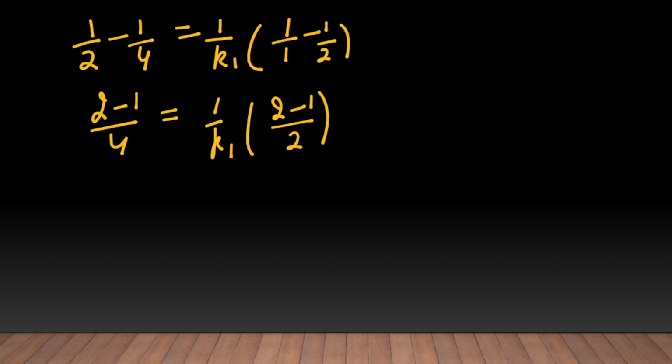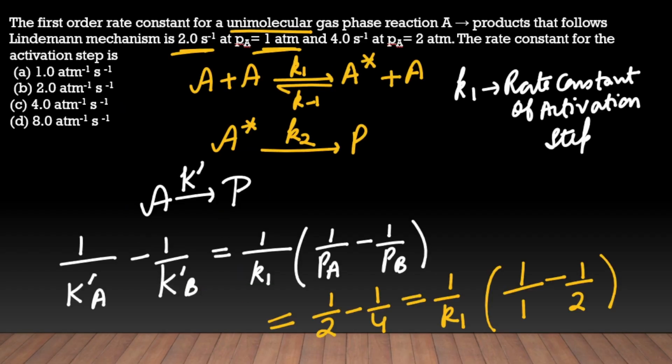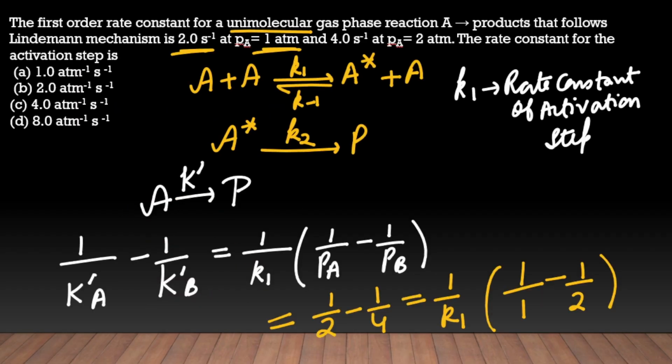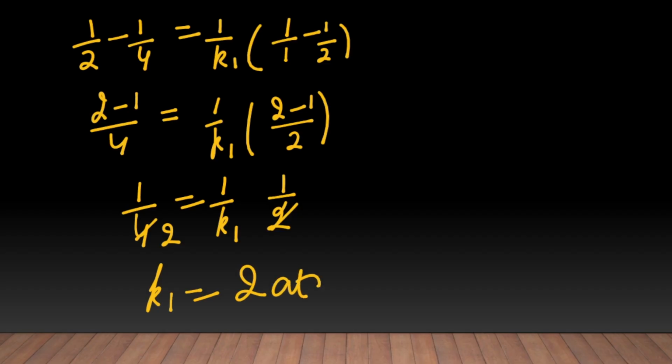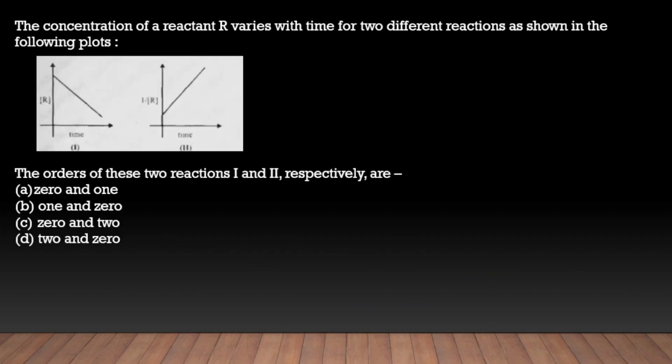So it becomes 1 upon 4 equal to 1 upon K1 into 1 upon 2. So the K1 value comes out to be 2 atm inverse second inverse. This is going to be the answer given to us in option B in this case. Right?